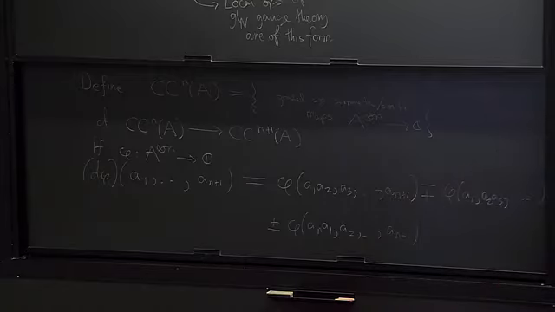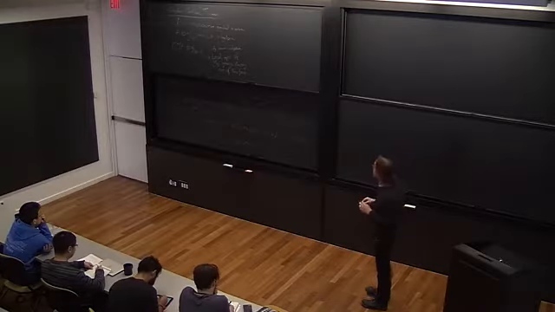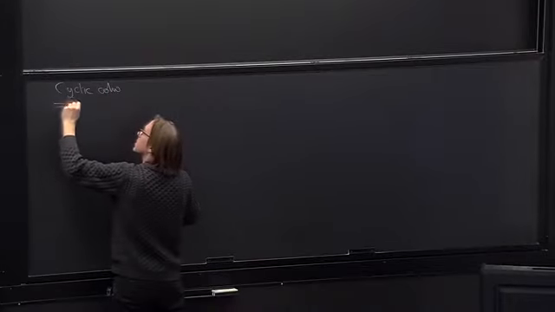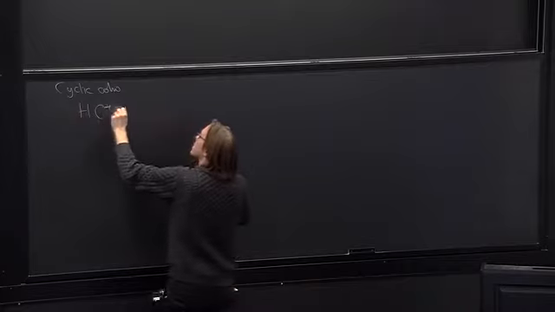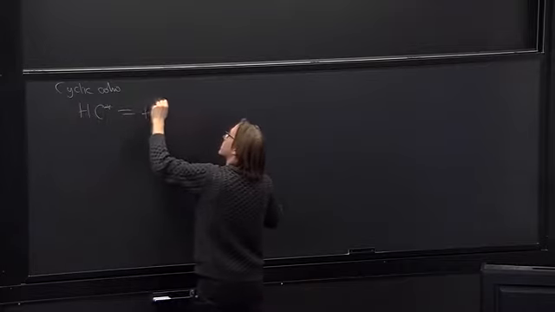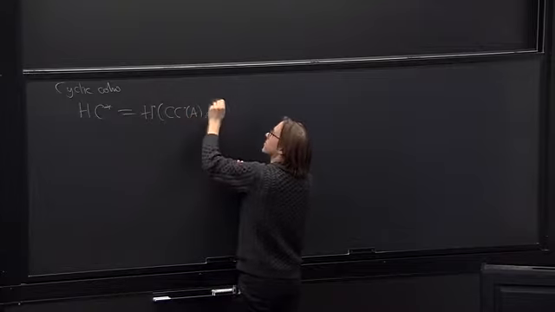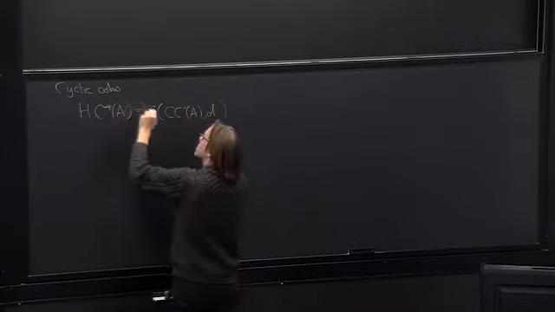Cyclic cohomology is the cohomology of this cochain complex, and it was introduced by Connes. H star is the cohomology of the cyclic cochain complex with this differential.